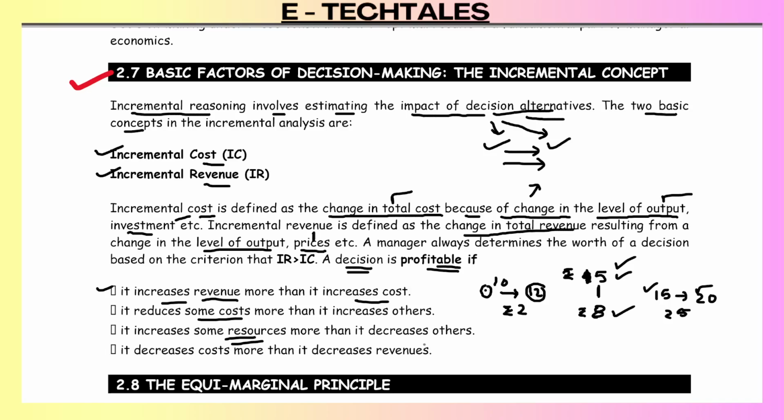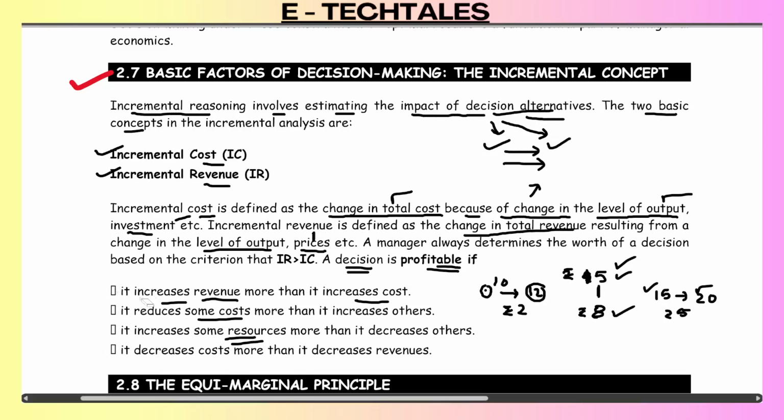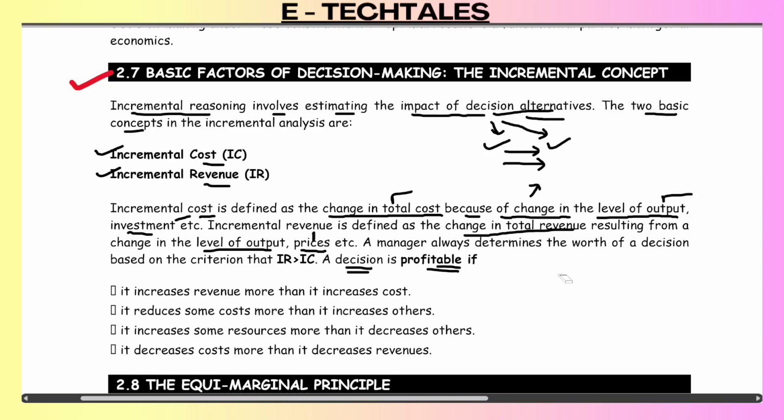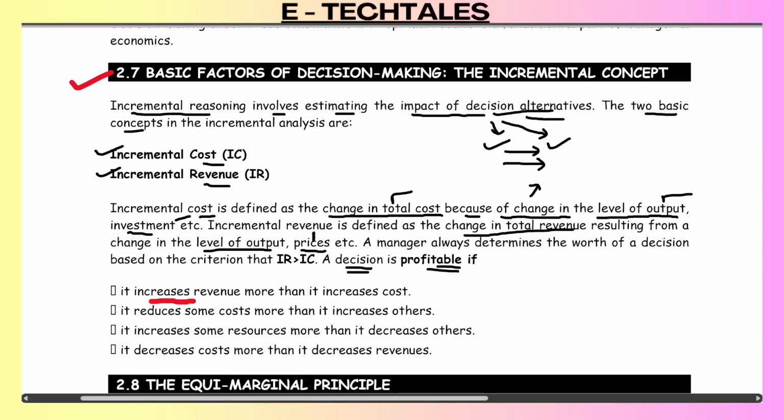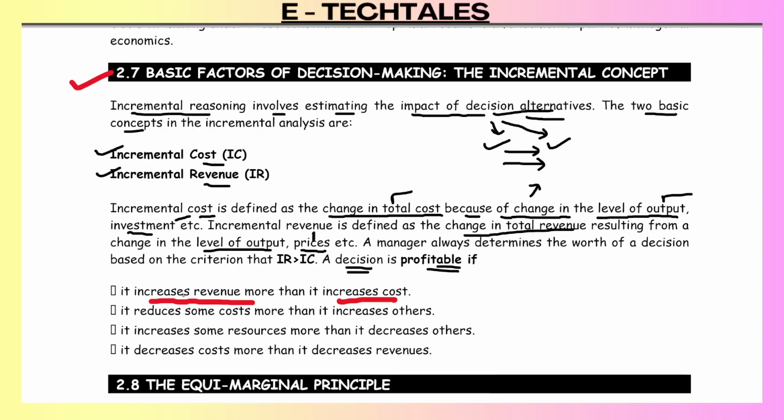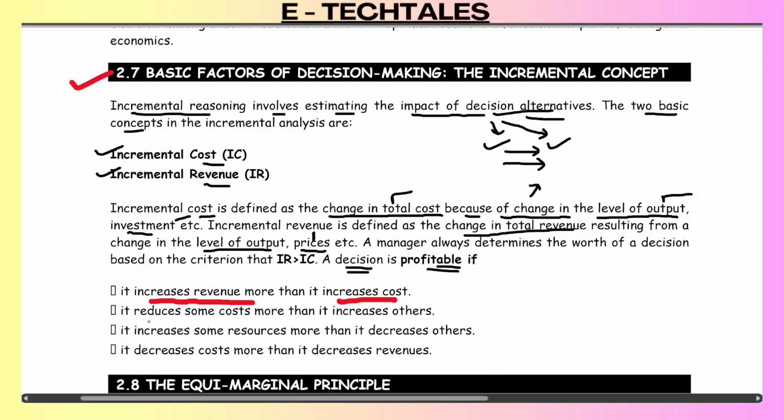In these scenarios, what you have to remember are the four key points. What are the four key points? Increase revenue more than the increase in cost, reduce some cost, increase resources, and decrease your cost.